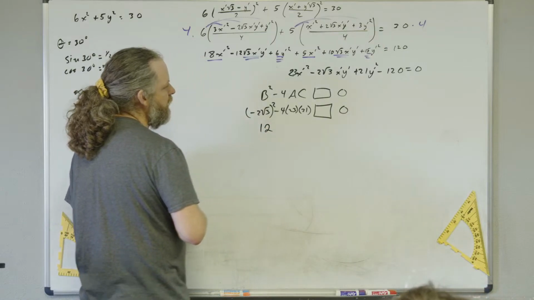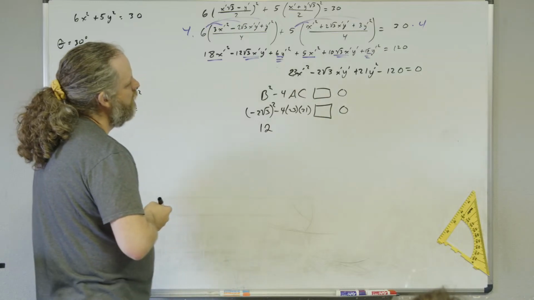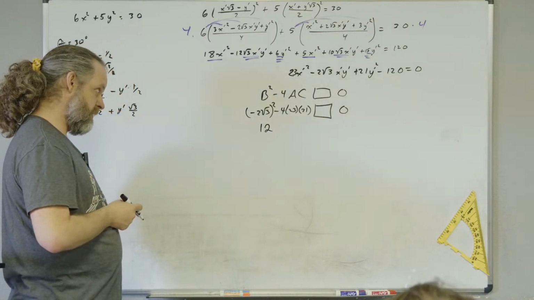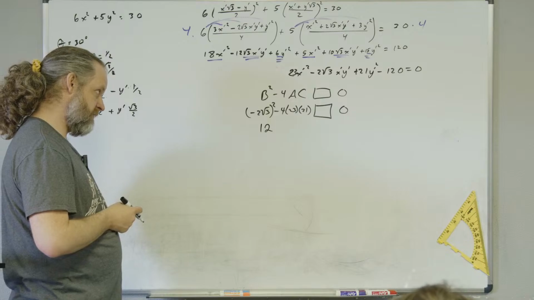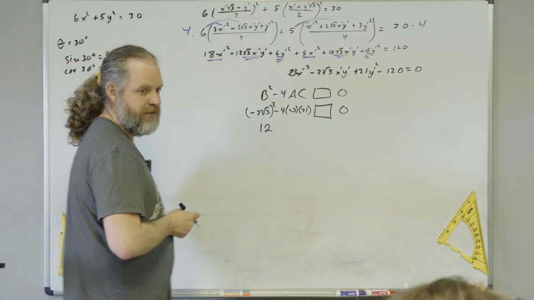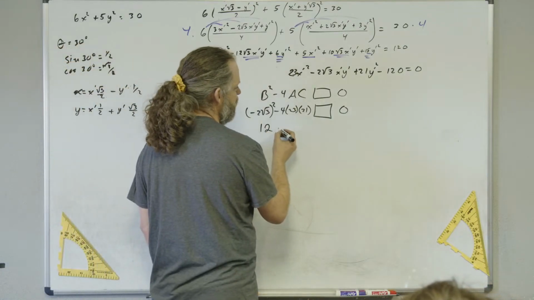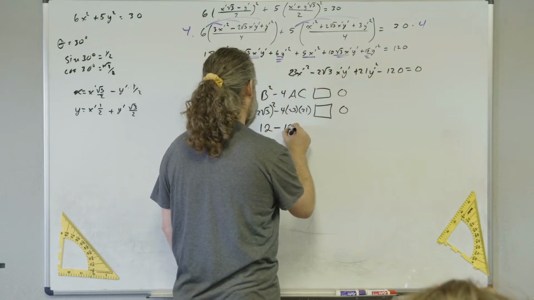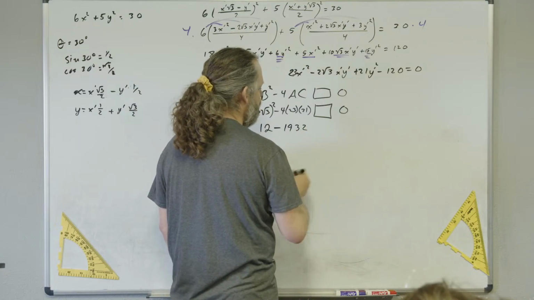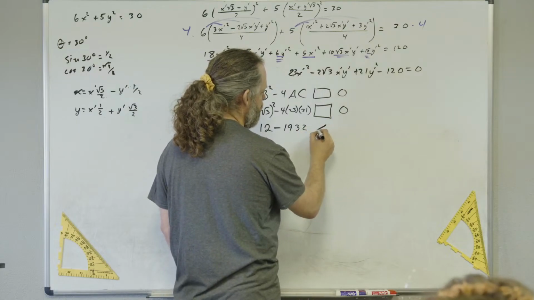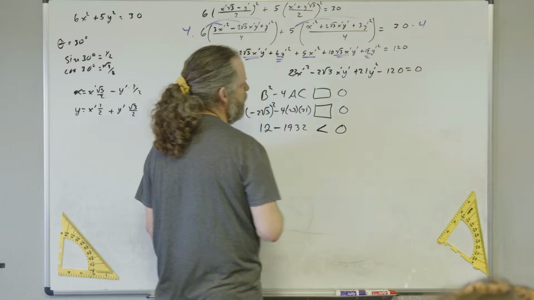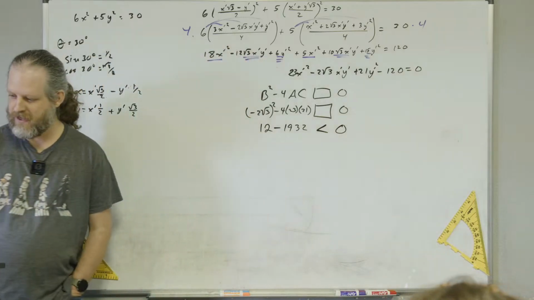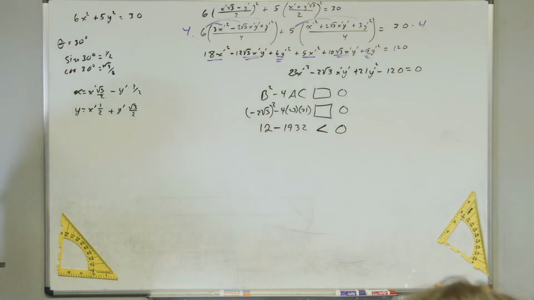Then 100 minus 6 is 94 times whatever that is. It's got to be bigger than that. 1,932. Yeah. And we don't really have to keep going. This is going to be less than 0. So it's an ellipse.